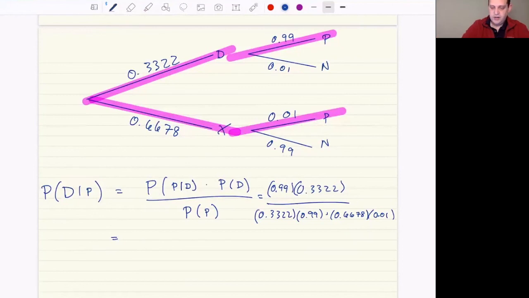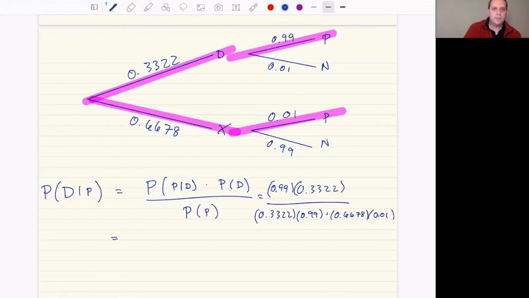But this is 0.99 times 0.3322 divided by 0.99 times 0.3322 plus 0.6678 times 0.01. And that'll be the probability that we have the disease given that we have a second positive test.